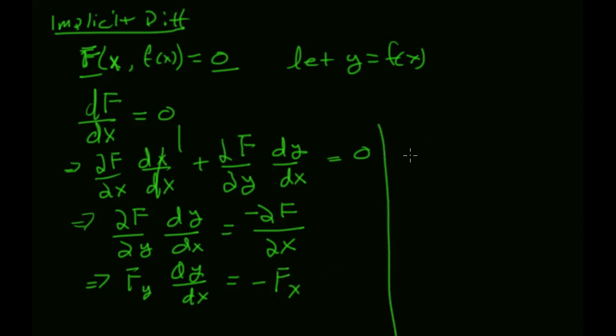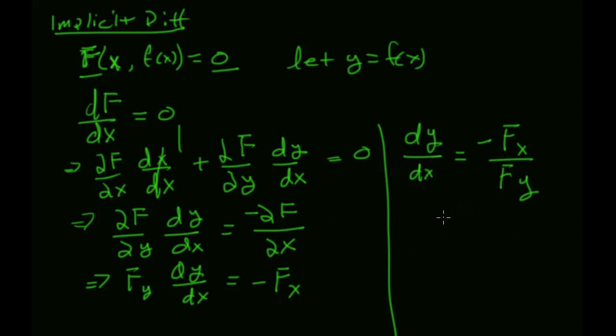And thereby dy/dx is negative F partial of x over F partial of y. So this is actually going to give me a formula that I can use for implicit differentiation.